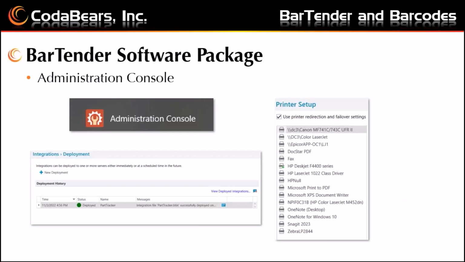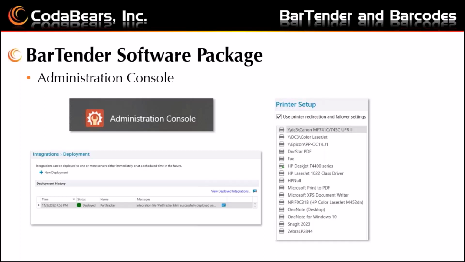So the administration console. This administration console holds the security information, the printer list, and priorities for printers, and the deployed integration builder files, which will then automate the printing.